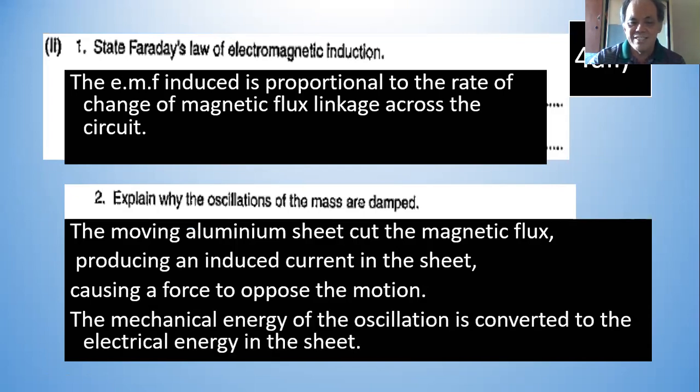So in this case, the mechanical energy of oscillation is converted into electrical energy. So the mechanical energy becomes smaller. That's why it's damped. The amplitude becomes smaller and smaller. Usually this one is 2 to 3 marks, I think. So explain step by step.